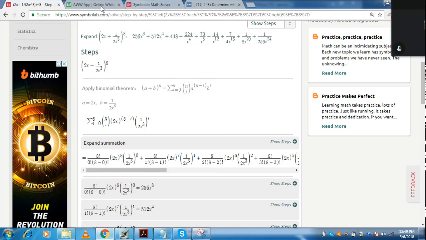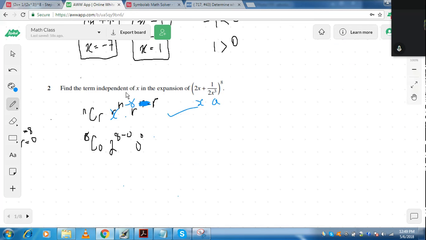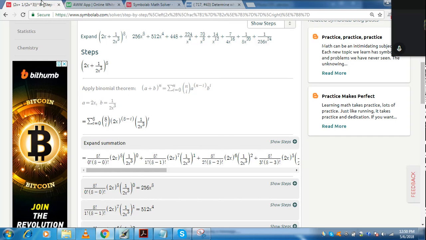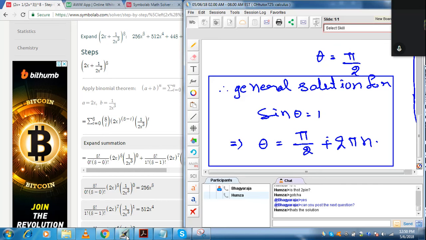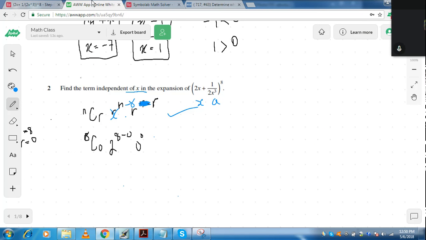So what's the meaning of independent of x? It's a value only, correct?